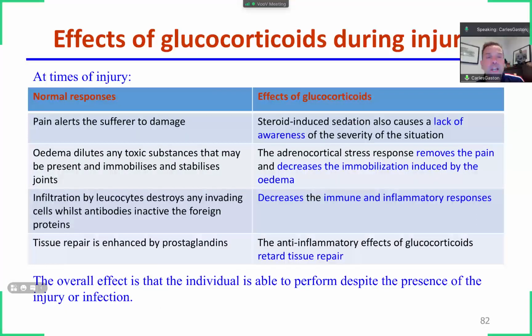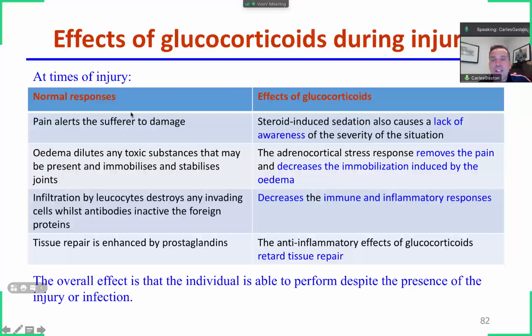Now, if we look a little bit more into the effects of glucocorticoids during injury, in this table, the overall effect is that the individual is able to perform despite the presence of injury or infection. But we have separated here the times of injury and the effect of the glucocorticoids.